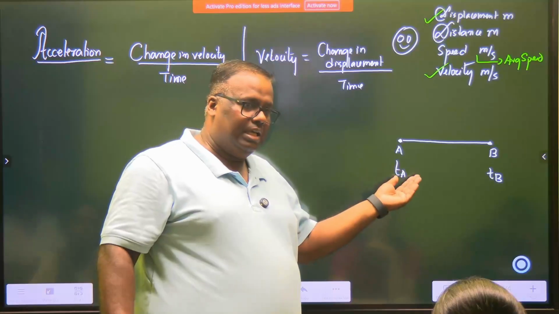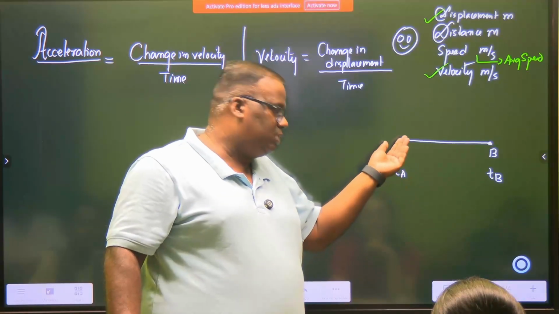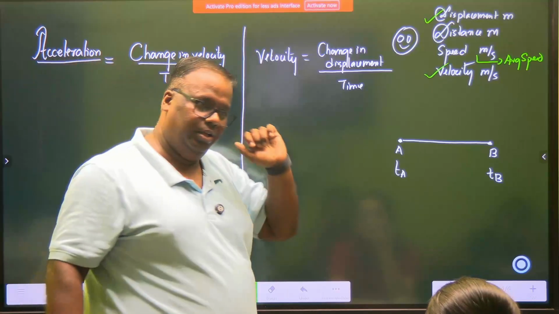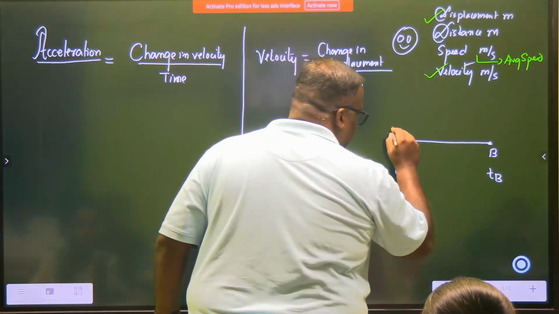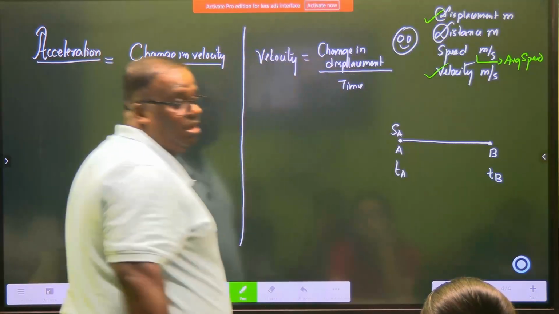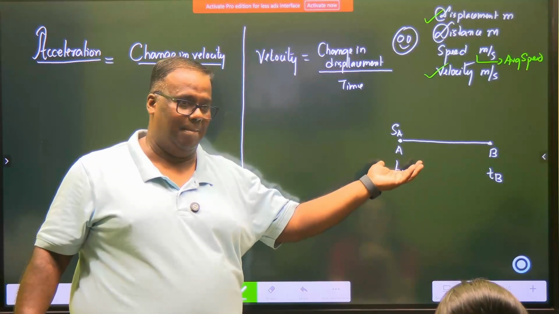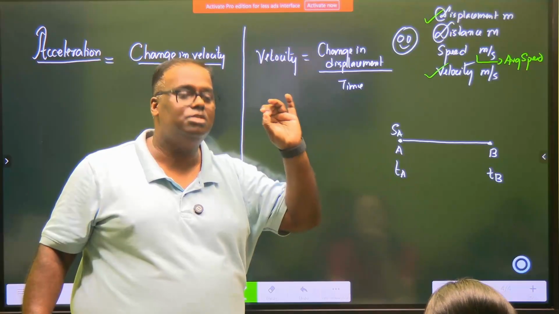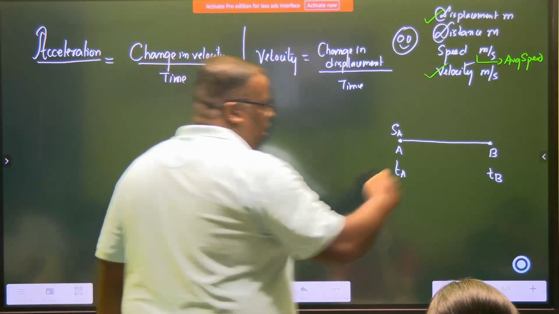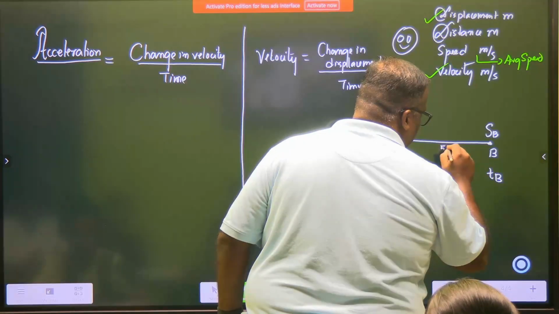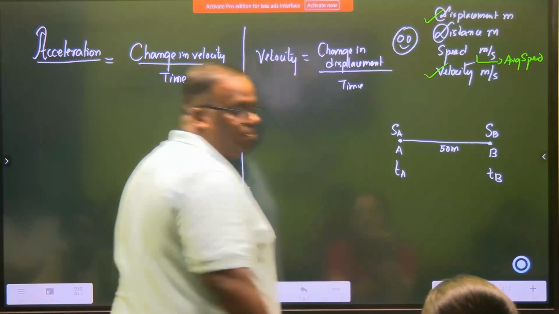At TA, what was the displacement of the body? 0. Is this getting clear? So I call that displacement as SA. SA is the displacement at the time TA. What was the displacement? 0. At TB, my displacement is SB and the displacement has been 50 meters.